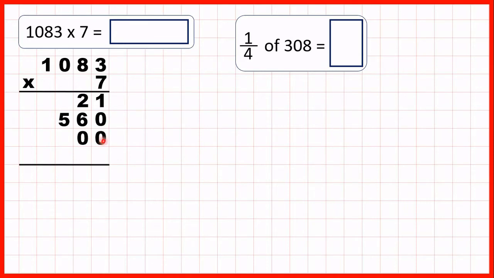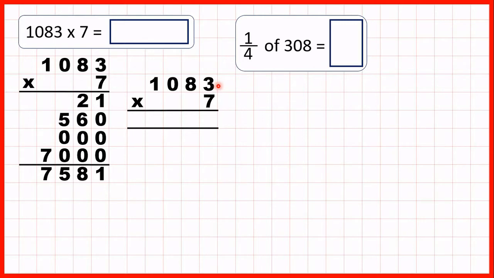Now we need 2 zeros in our third answer line because we're multiplying by the digit in our hundreds, but 0 times 7 is just 0. For our fourth answer line, we need zeros in our hundreds, tens and ones because we're multiplying by the digit in our thousands, and 1 times 7 is 7. So we just add up our answer lines and we have our answer.